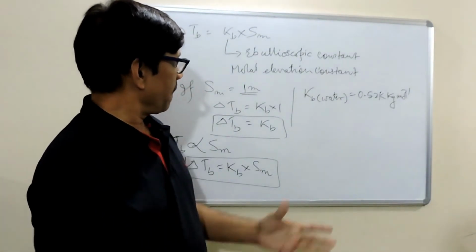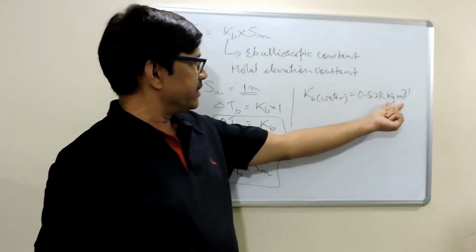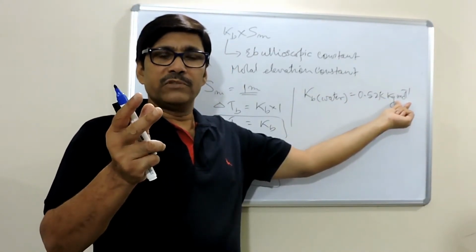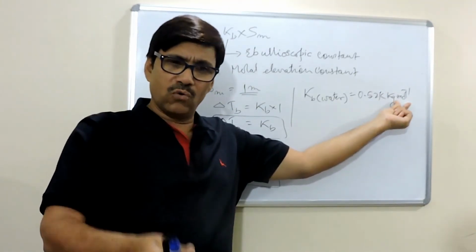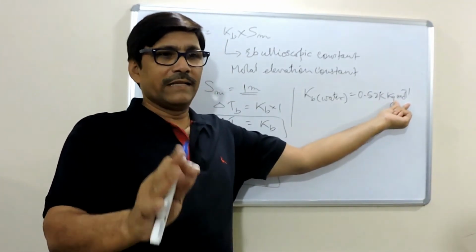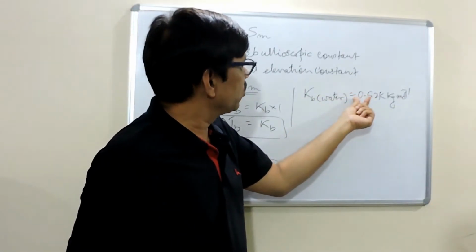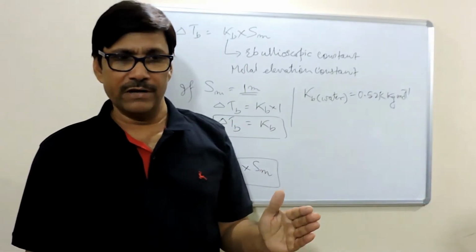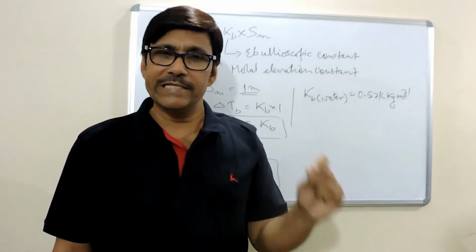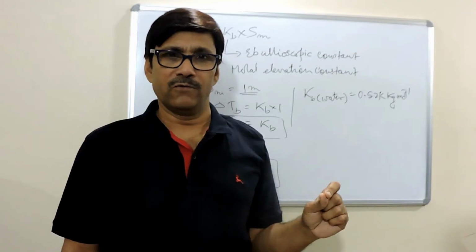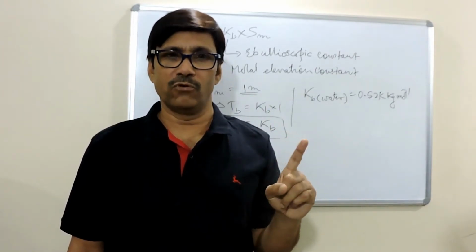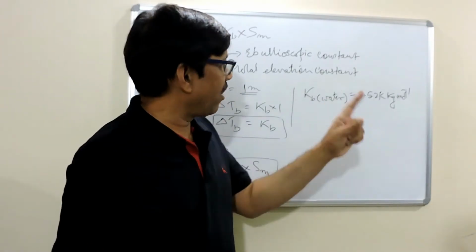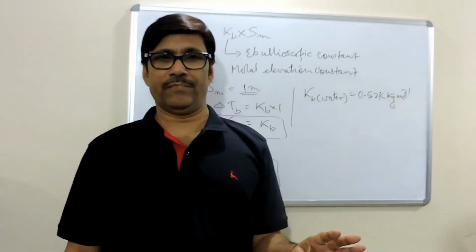It means if we take 1 kg of water and in that we have added 1 mole of urea or 1 mole of glucose or 1 mole of fructose, then the boiling point will increase by 0.52. It means if we have 1 kg of water, we have added say 180 gram of glucose, 180 gram of glucose means 1 mole of glucose, then that solution will boil at 100.52 degrees Celsius.